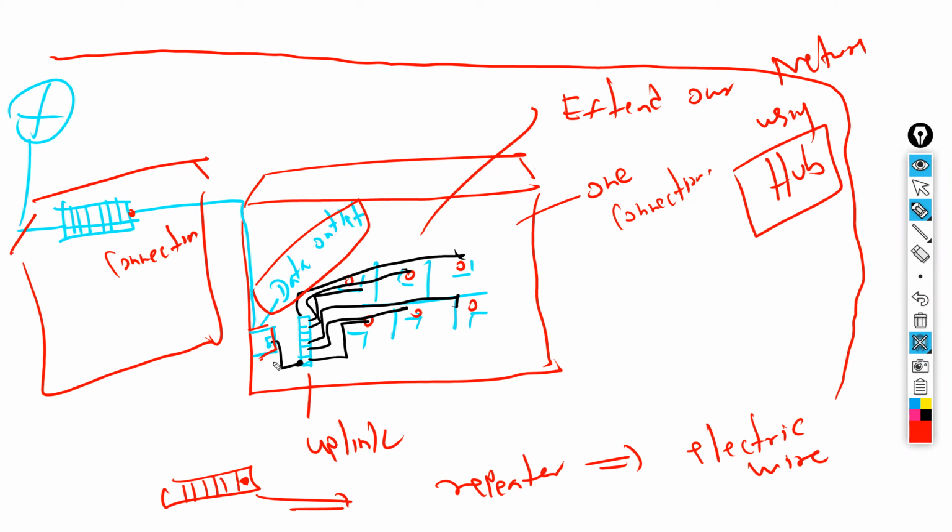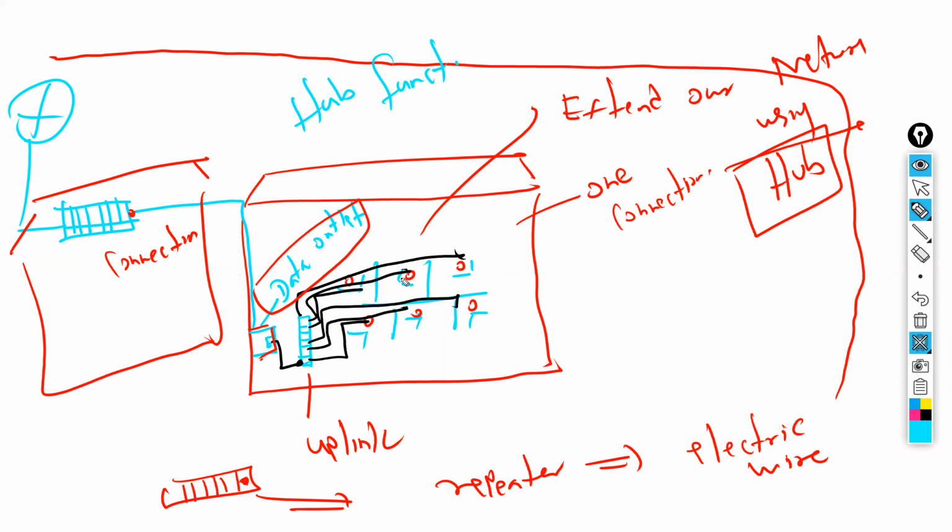So what is the best solution? We can use the hub, interlink those hubs with these machines, and you have to provide the uplink to the hub. So this is the hub function.